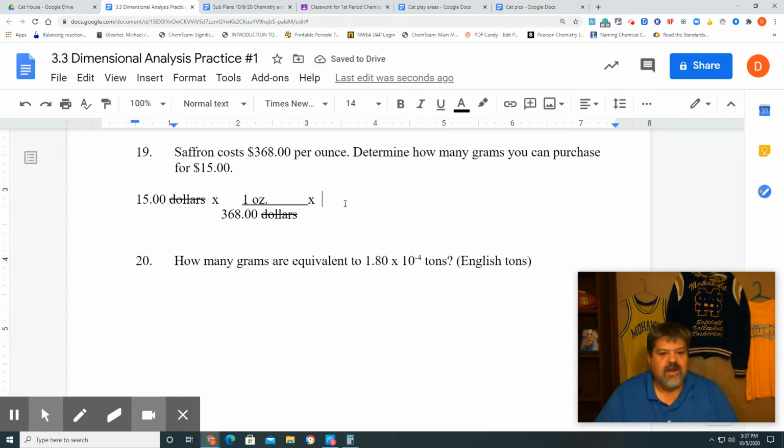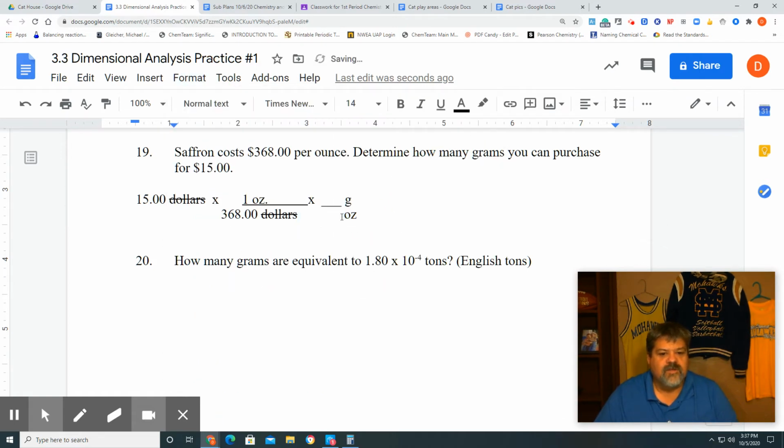I need to get grams. So we're going to put our thing in here. And we said we're going to put grams on the top because that's what it's looking for right here. So we'll put grams. And on the bottom, though, we have to put in our ounces.